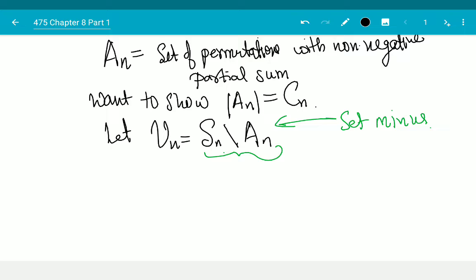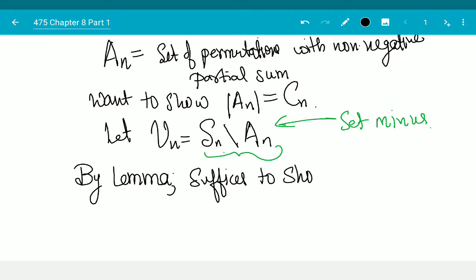Well, by the lemma, it suffices to show the cardinality of U_n is equal to 2n choose n minus 1.